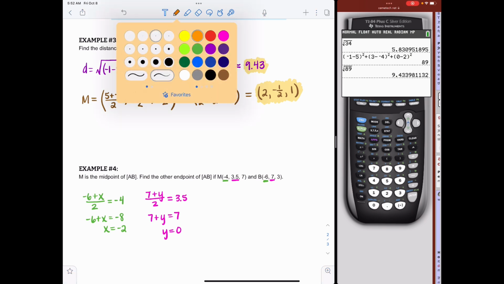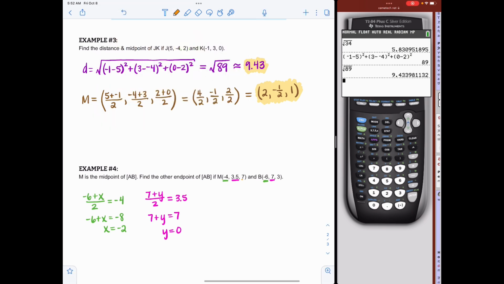Last but not least, I do the Z values. So I can say the Z value of the endpoint B is 3, plus the Z value of my other endpoint that I don't know, divided by 2, is going to be equal to the Z value of my midpoint, which is 7.